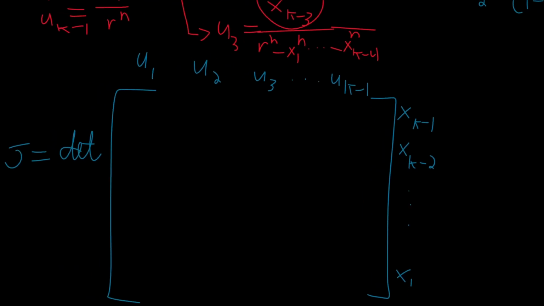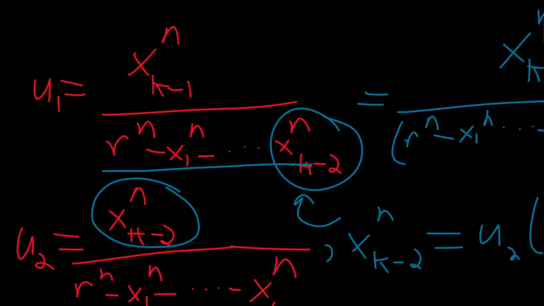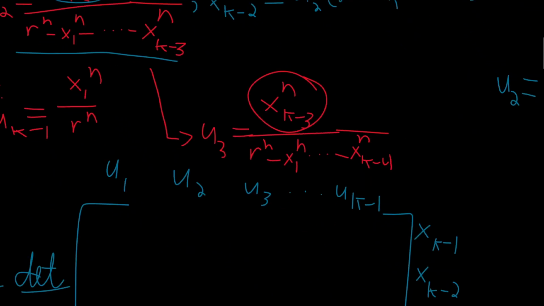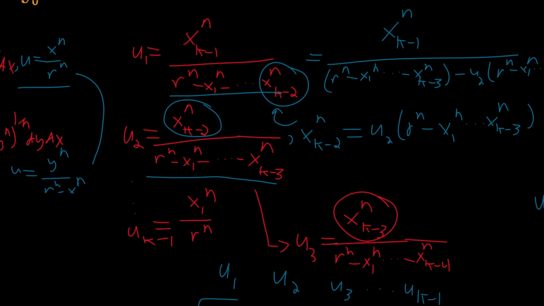Evaluating this matrix seems extremely daunting, especially because we're taking its determinant, for goodness sake. But hold on a second, it's not as terrible as it seems. Let's just compute the first couple terms. What is u1? u1 is x_{k-1}^n, and then we have the denominator, all that. The derivative of that with respect to x_{k-1}: we just have to take the derivative of the top bit, which isn't too awful.